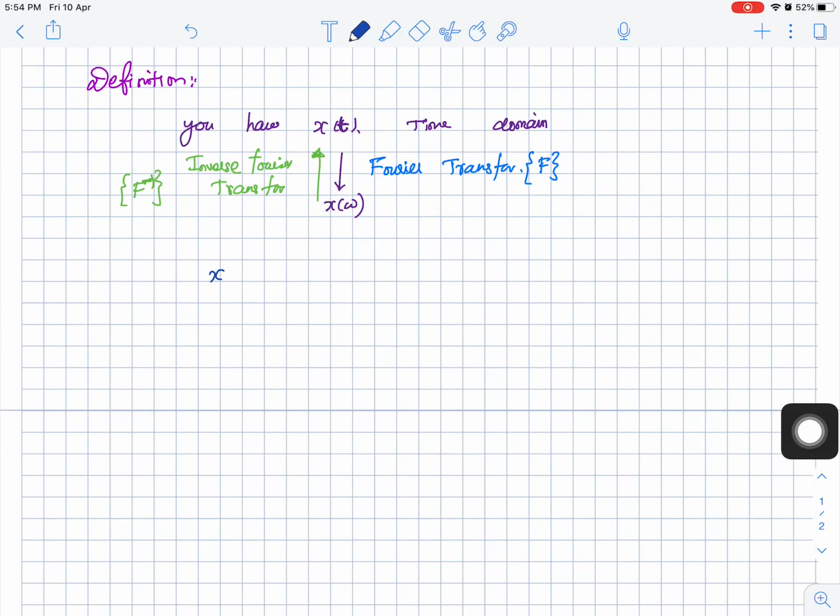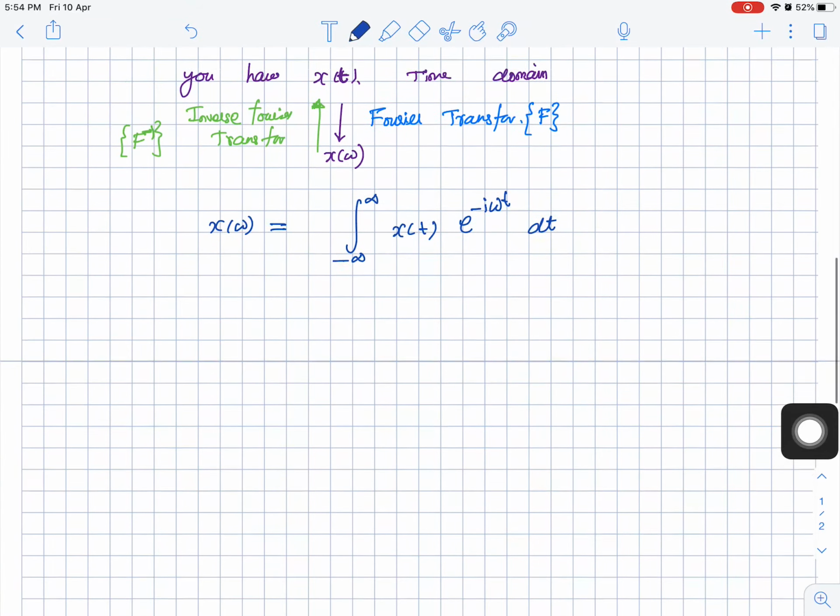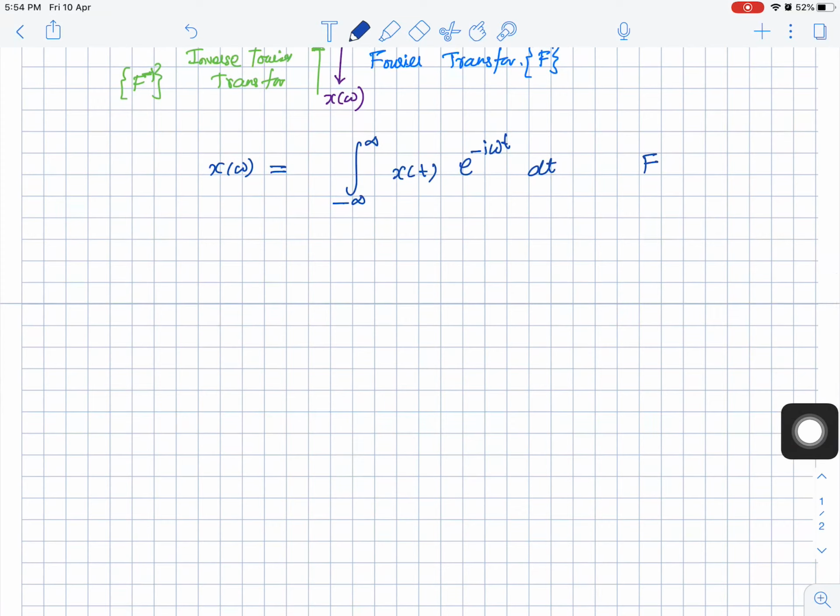The definition: x of omega equal to 1 divided by 2 pi integral from minus infinity to plus infinity of x of t e power minus I omega t dt. So this is Fourier transform.